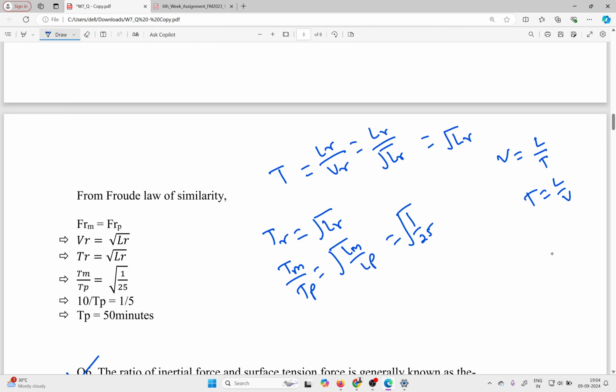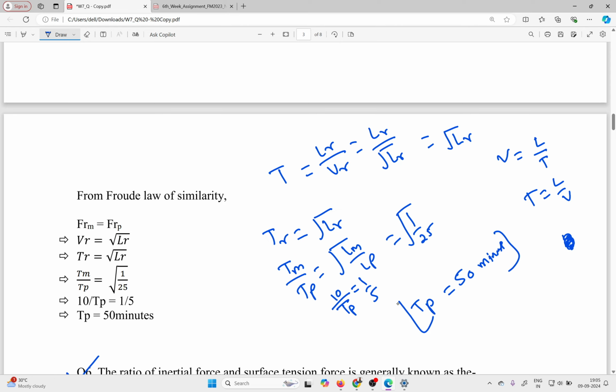Previously we used 10 divided by not. So here for 25 you need to calculate Tp. Tm is given as 10, the ratio is 1 is to 5, and Tp is equal to 50.